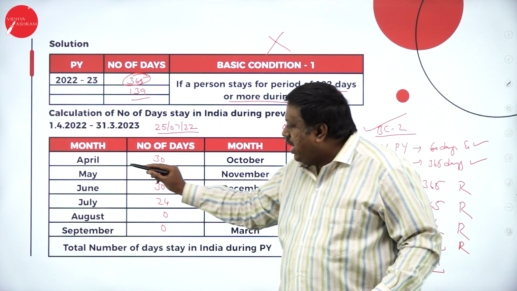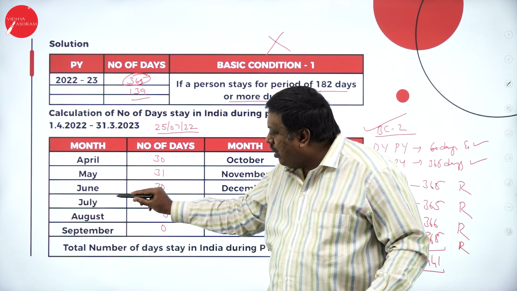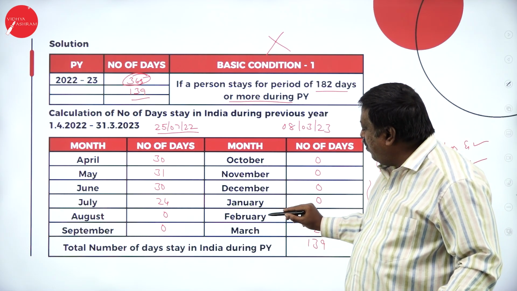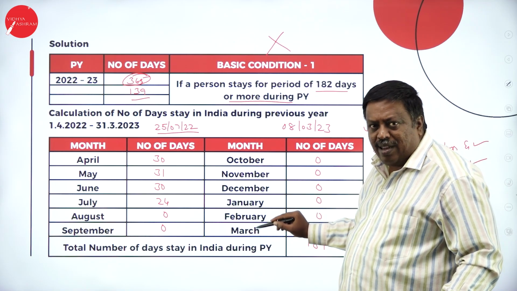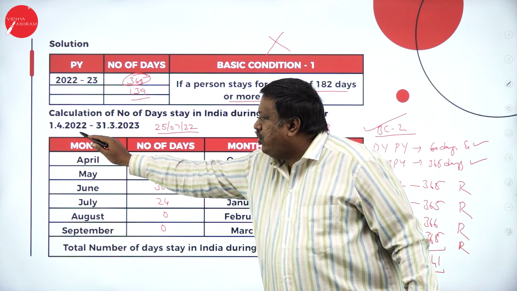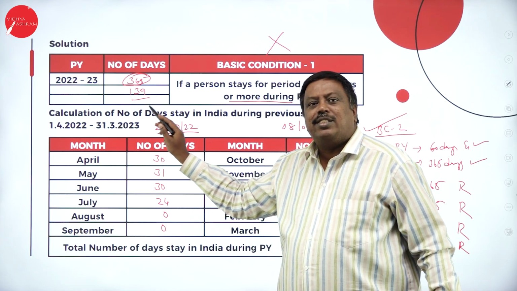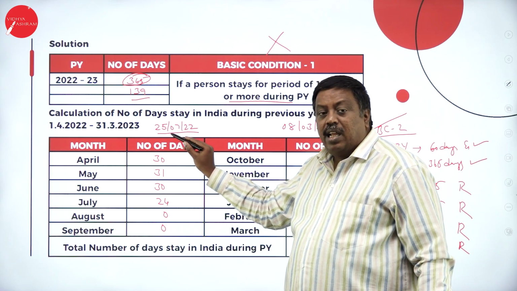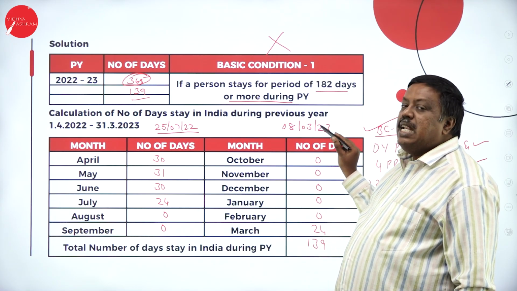Write the months April, May, June, July, August, September, October, November, December, January, February, March. Write all the 12 months of the previous year, which starts from 1st April 2022 to 31st March 2023. Then write the date when I left India and when I returned back to India.